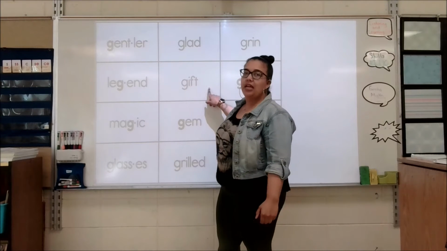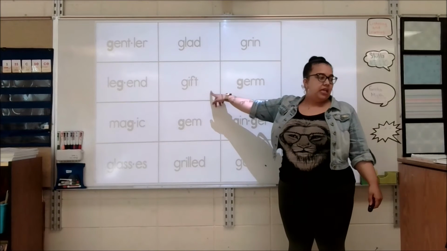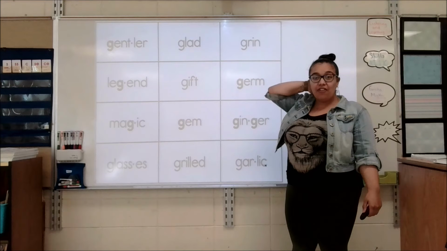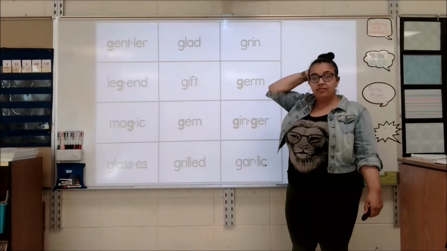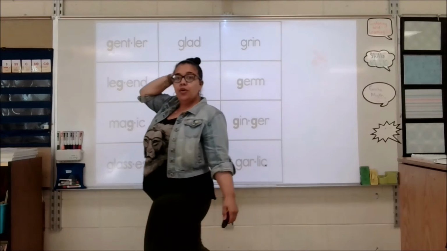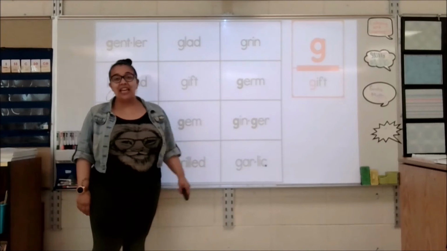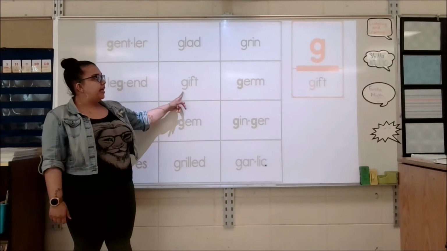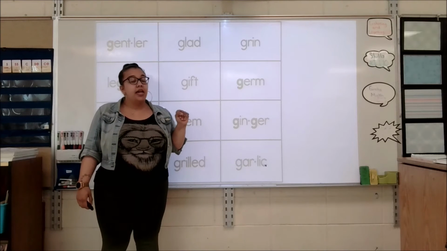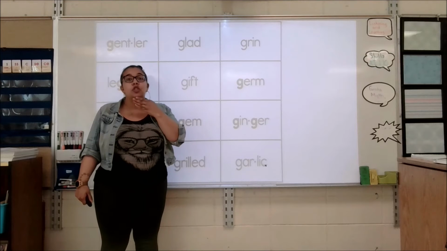How about gift? What do you hear in the word gift? You hear the sound G. Remember, gift is our cue word. So gift, G. Okay. How about germ? We talked a lot about those lately. Germ.